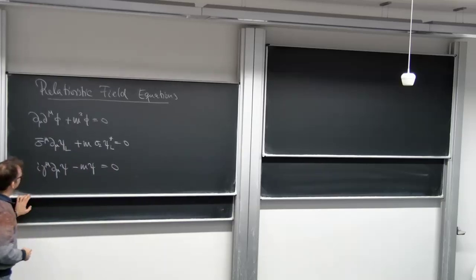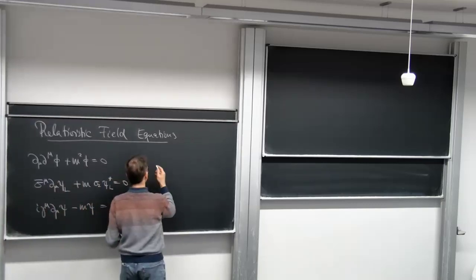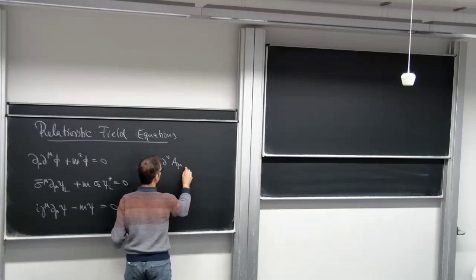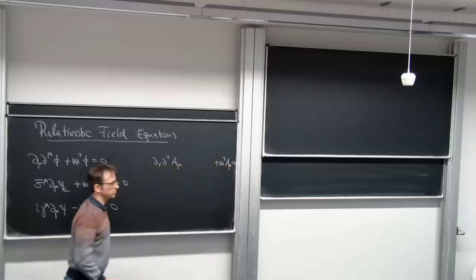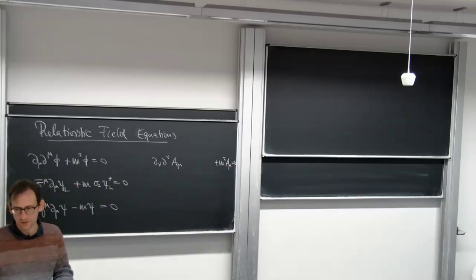Then we also moved to the vector field, and the naive equation was box a mu plus m squared a mu equals 0. And then we realized just by writing the letter a mu, you're not guaranteed to have a vector field, right?